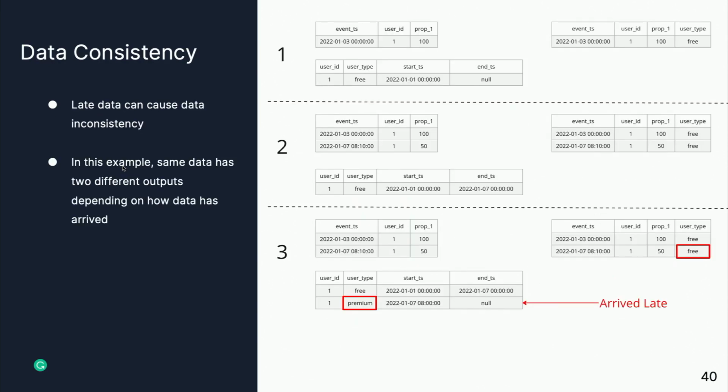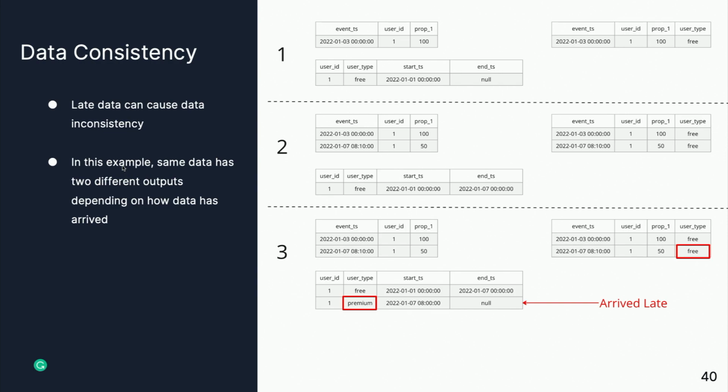I talked about data consistency a lot. This is a situation that will happen if you don't handle late arriving data. Step one, this is a hydration case, by the way. We have one event, one dimension history. We did the hydration, and we have an event with an enriched feature in it, which is the user type.